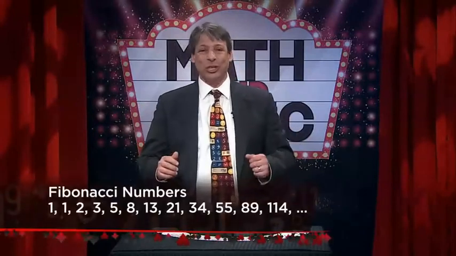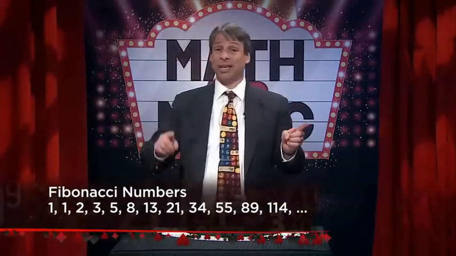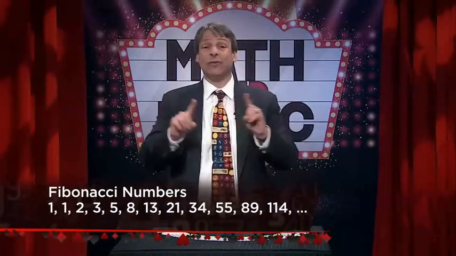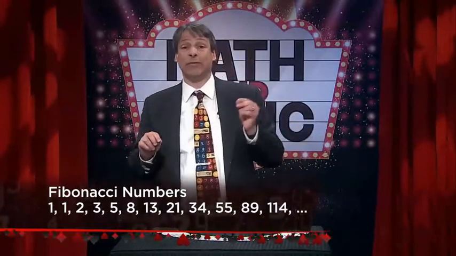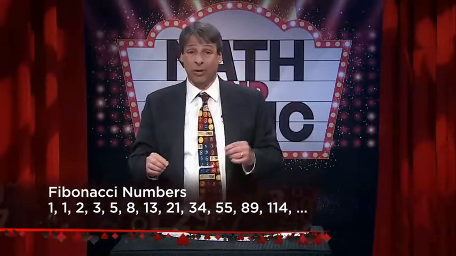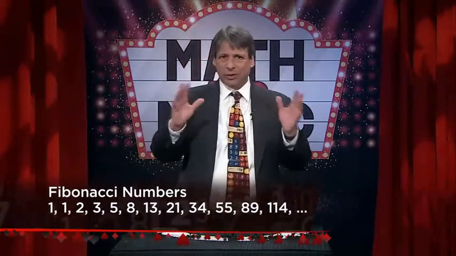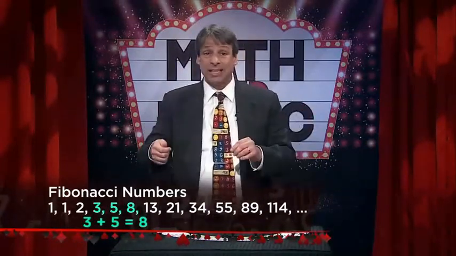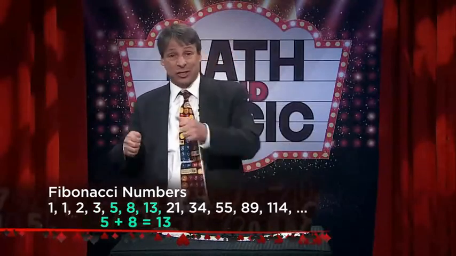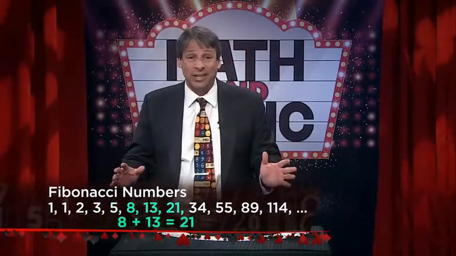Phi is also intimately connected with the Fibonacci numbers, which, as we know, start with 1 and 1, and then every number is the sum of the two numbers before it. So look here, you see in our list we have 3 plus 5 is 8, then 5 plus 8 is 13, and so on.